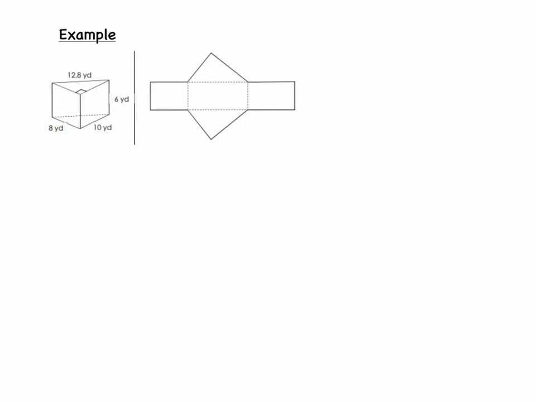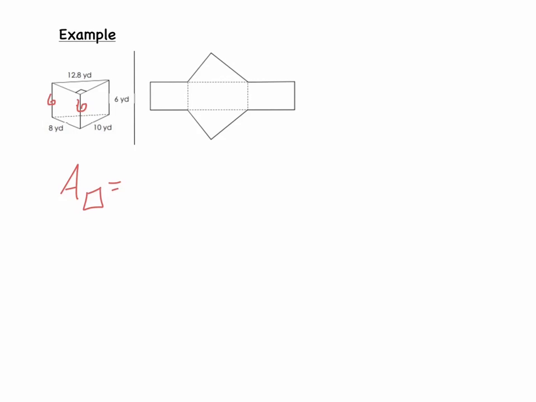When I'm trying to solve for the surface area of a triangular prism, the very first thing I like to start off with are the rectangles, just because it's the easiest formula, and it's a little bit harder to find the height in a triangle. So let's start off with the area of the rectangles. I have the height of 6 here and 6 over here.